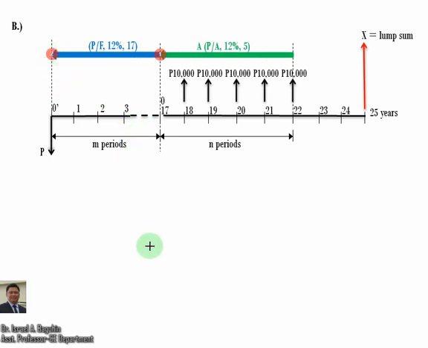Okay, so first we are going to consider now this end periods here with an annuity of 10,000 pesos, and with I equal now to 12% and N equals to 5 years. So we are after here in getting the value of our P. Okay, so in this case we will denote this one as our P subscript 1.